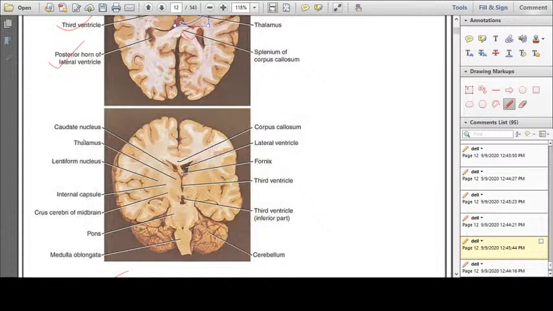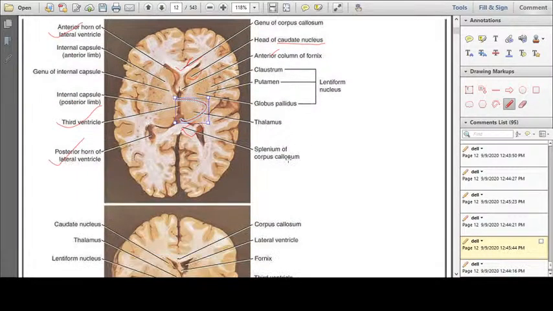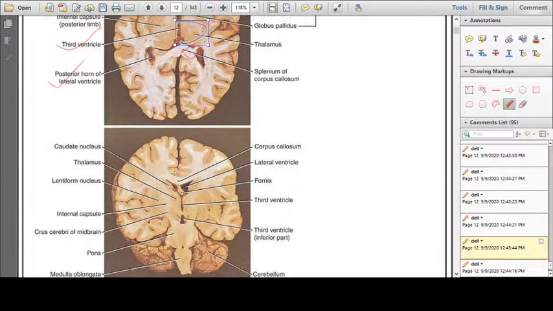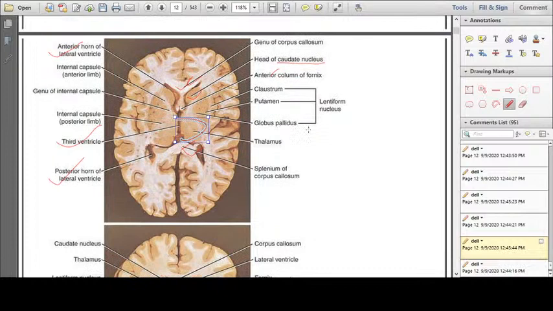Caudate nucleus. Claustrum, putamen, globus pallidus.